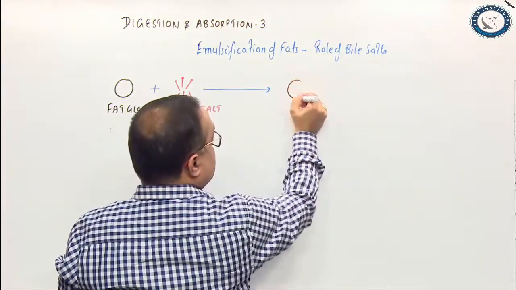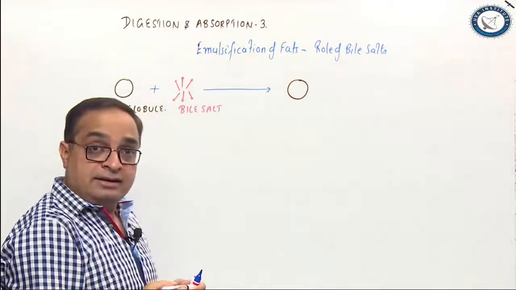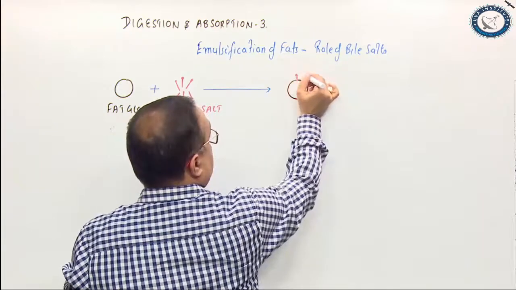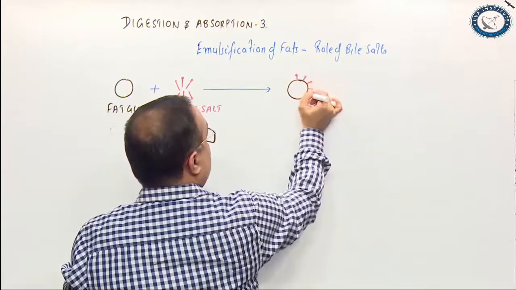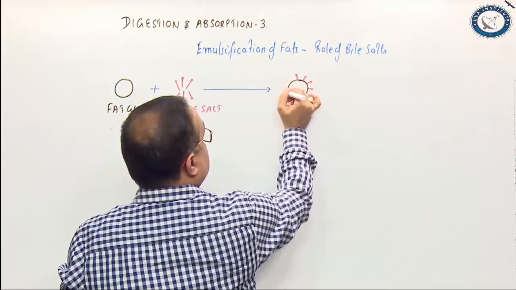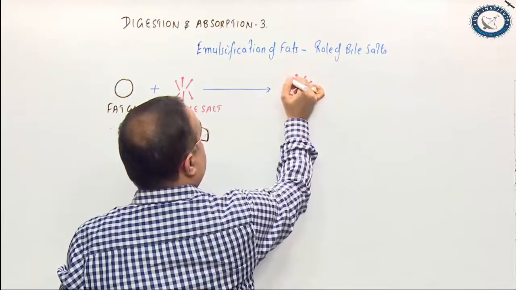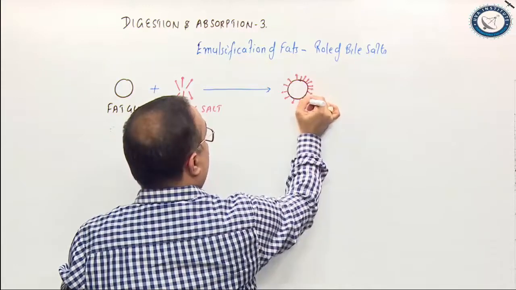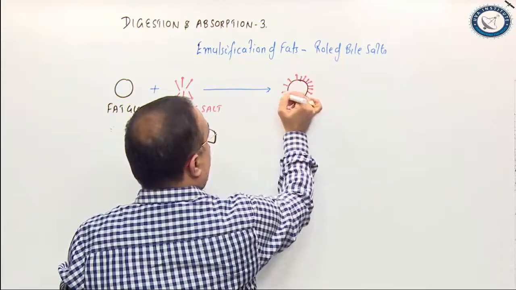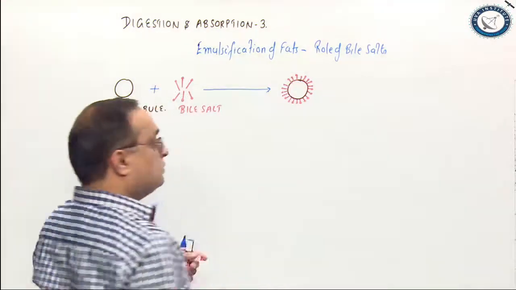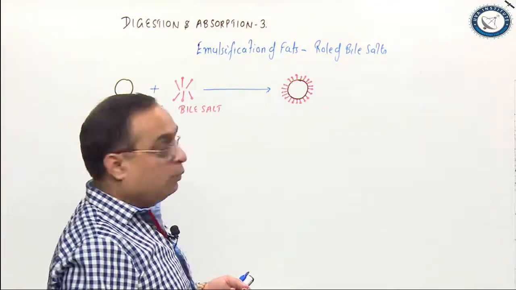Bile salts form a layer around fat globules. Bile salts, as I told you, have a hydrophilic end and a hydrophobic end. They have a sterol terminal and a carboxy or polar terminal. The sterol terminal is soluble in lipids and the carboxy or polar terminal is soluble in water.